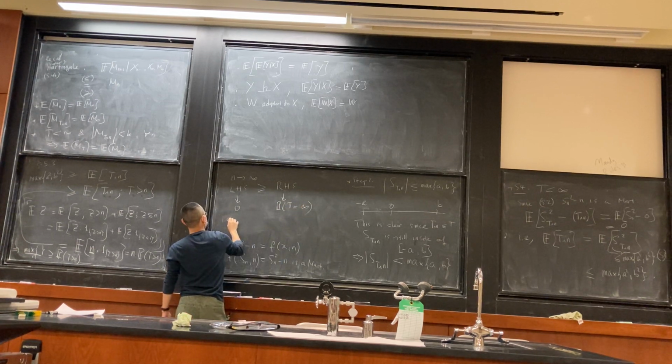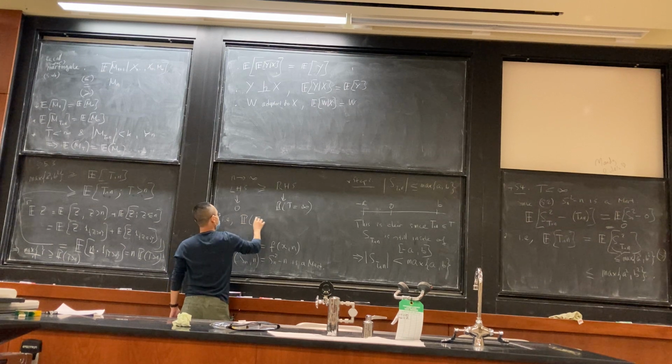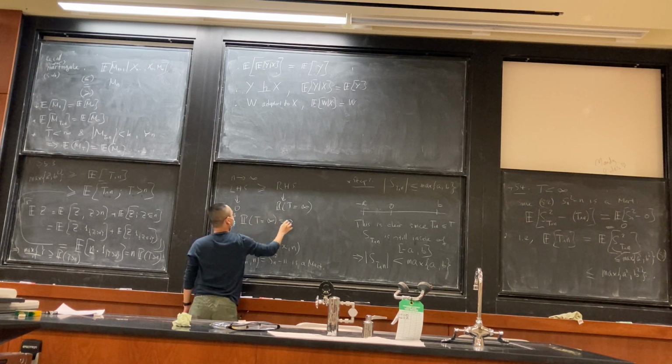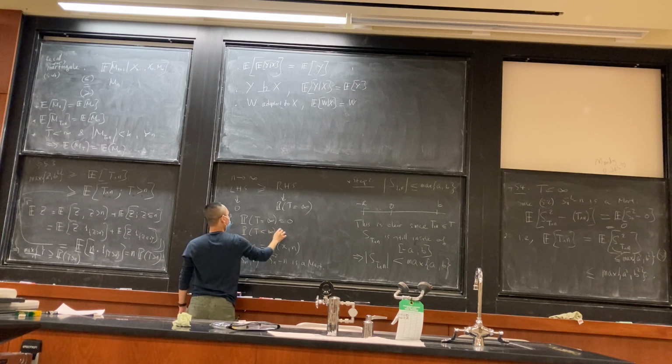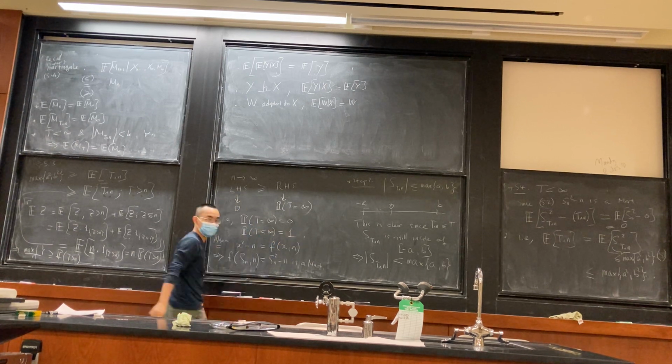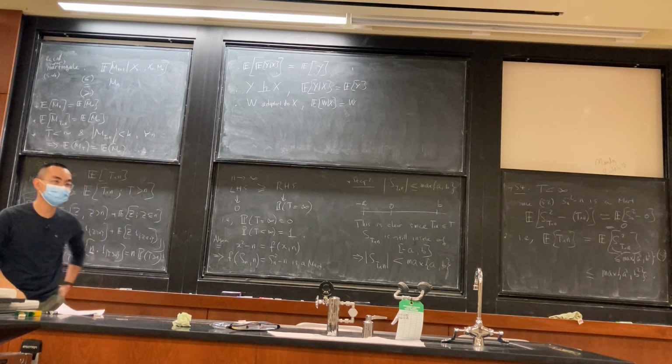So the probability of T being infinite is 0, or T less than infinity has probability 1. Okay?